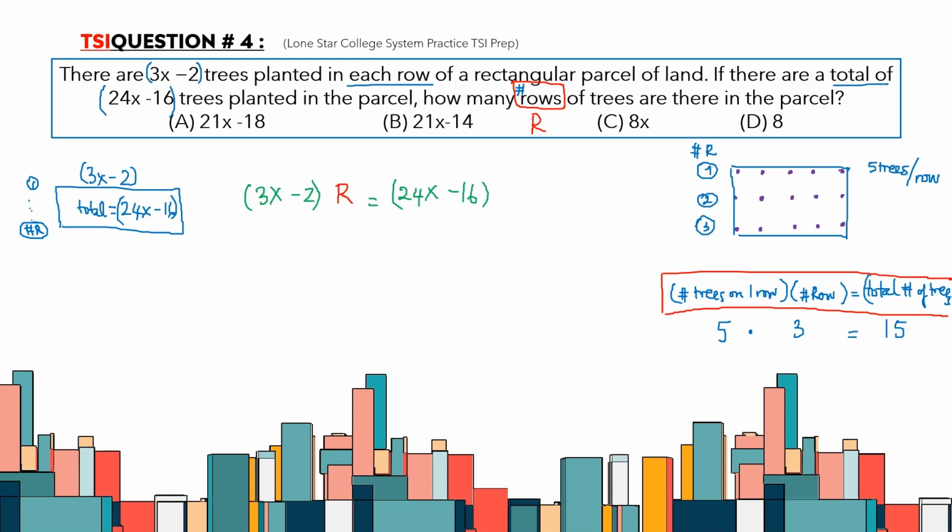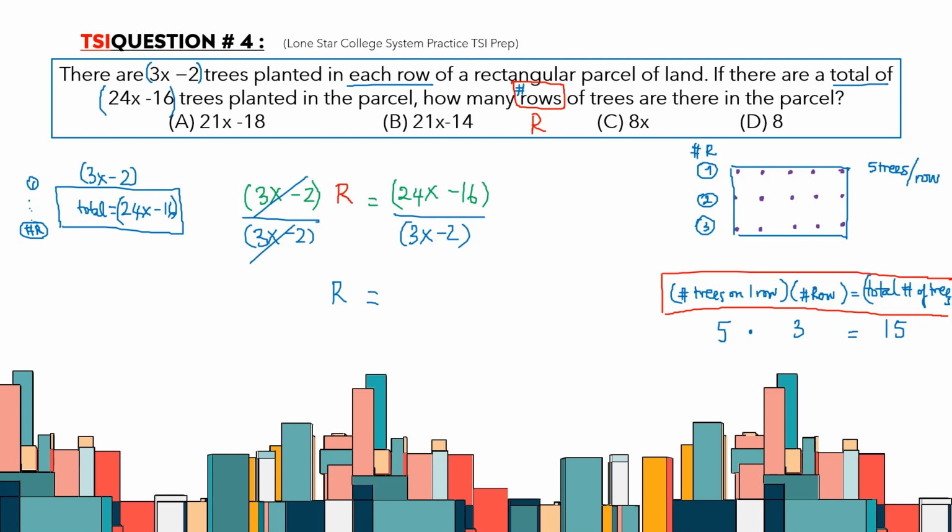Now we want to isolate R. We divide both sides by 3x minus 2. On the left hand side, we cancel out the 3x minus 2, and we're left with R.